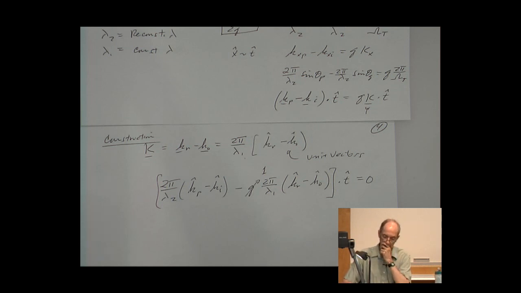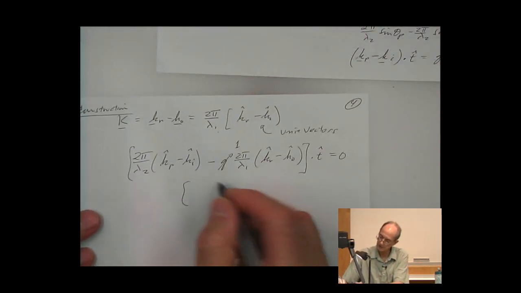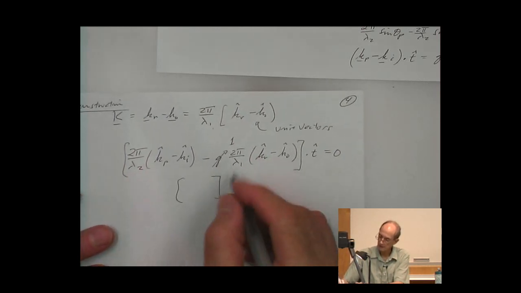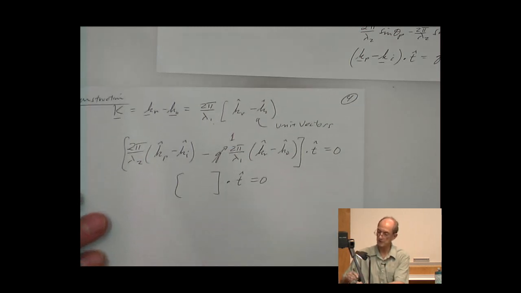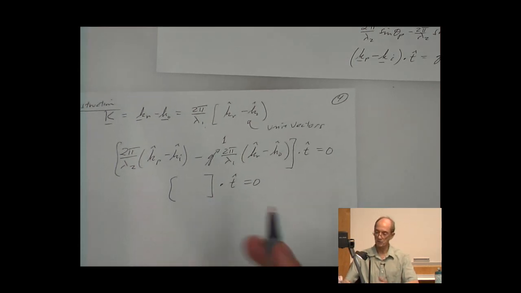Okay, so notice what we have here. In general, we have something that looks like a vector dotted with a tangential vector, and that's equal to 0. So what this must be is a normal vector, right?